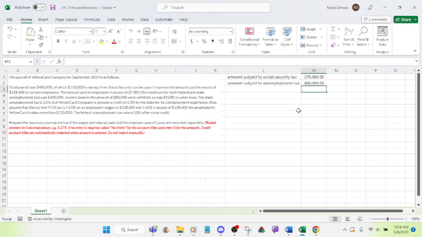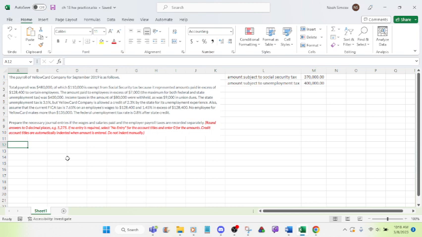Okay, those are pretty straightforward. State unemployment tax, and the first entry is going to be wages and salary.